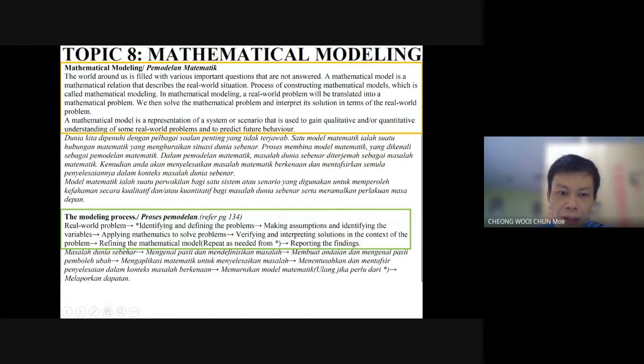Fifth, refining the mathematical model. If, let's say, more resources are gained, then you need to come back to identifying and defining the problems. Lastly will be reporting the findings. So everything we base on this modeling process to solve any questions.